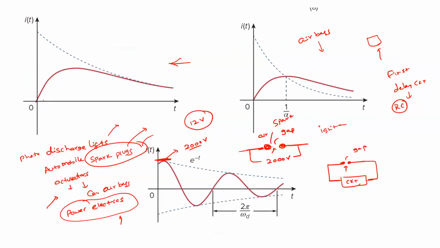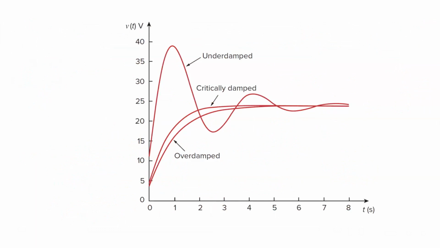The value is trying to come to 0 in the case of the source-free response. This is the over damped case, this is the critically damped case, and this is the under damped case.